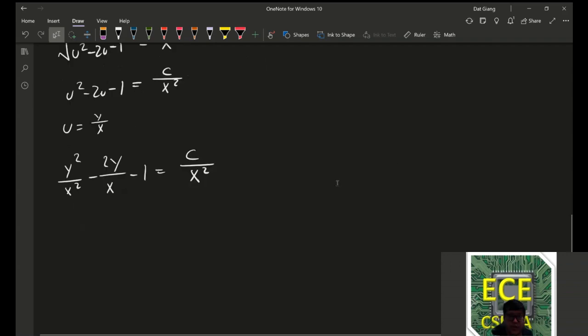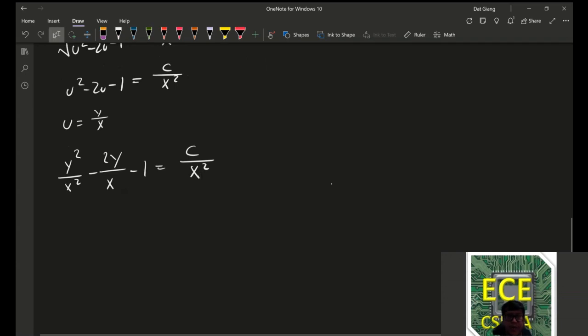Here in this situation, we actually can simplify this, but we don't have to. I'm going to do it just to demonstrate to you that you can. So we get y squared minus 2xy minus x squared equal to c.